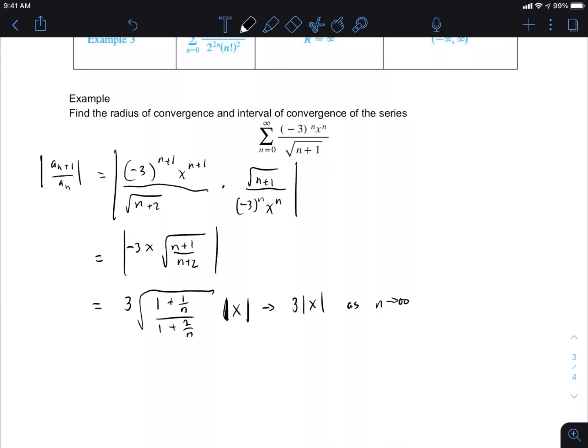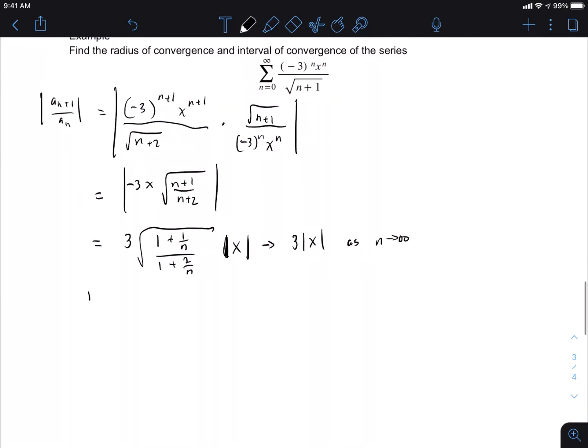And so by the ratio test, we know a couple of things. The ratio test tells us that 3 times absolute value of x, if it's less than 1, is going to be convergent, or it converges, if you'd like. And then 3 absolute value of x, if it's greater than 1, is going to diverge.